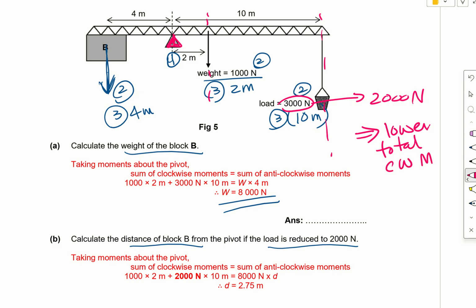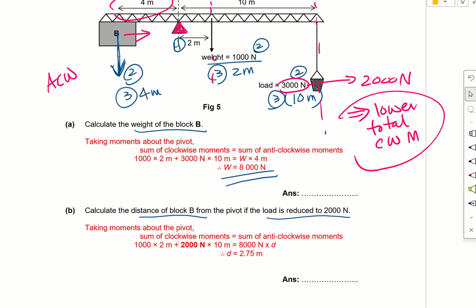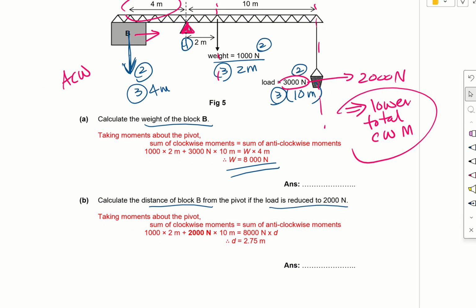I will have a lower total clockwise moment. So if B doesn't change its distance to the pivot, then the anti-clockwise moment will be greater than the lower total clockwise moment. Therefore, this B must shift. Okay, so this is to keep the crane balanced. So then you can do your calculation again.